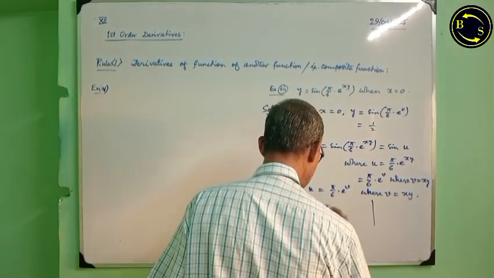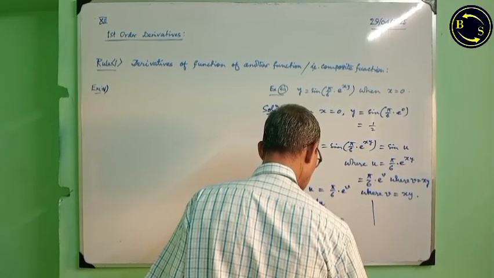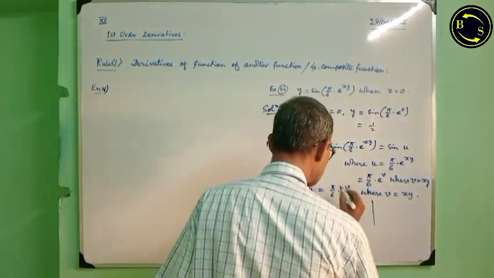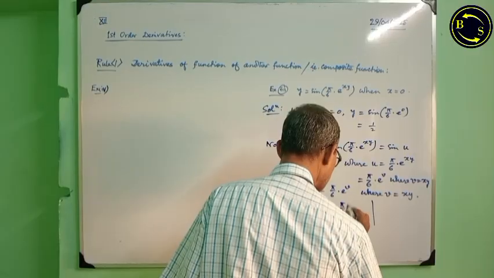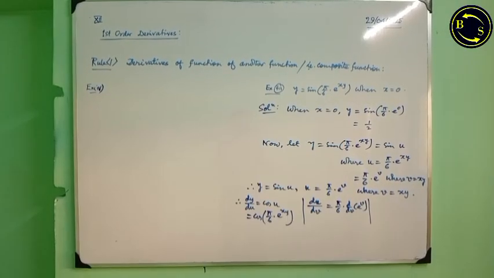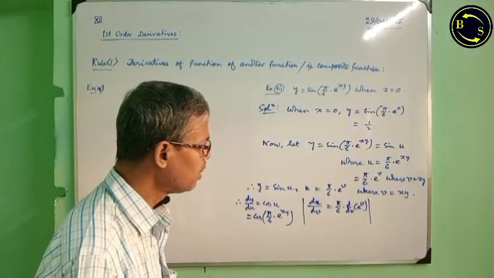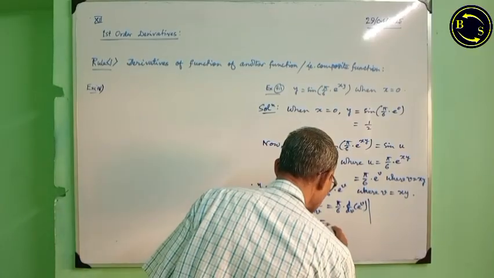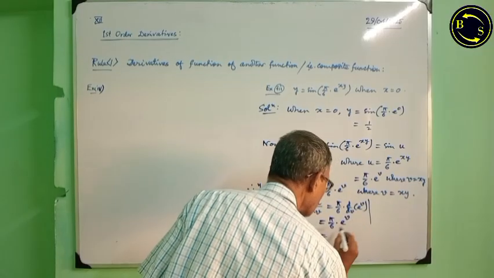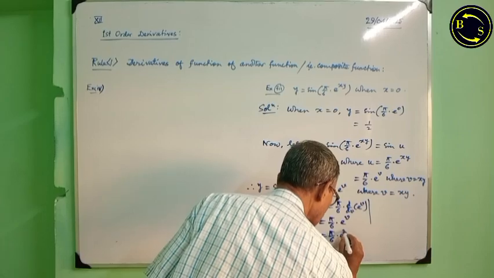Then du by dv: u is a function of v, pi by 6 is constant, so du by dv is equal to pi by 6 into d by dv of e to the power v, that is equal to pi by 6 into e to the power v. Now if we replace v by xy, it is pi by 6 e to the power xy.